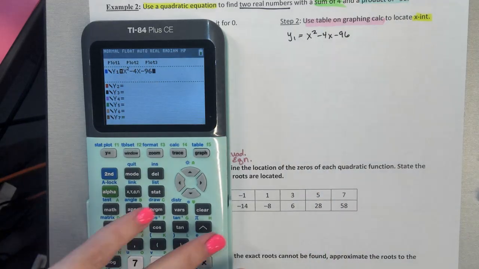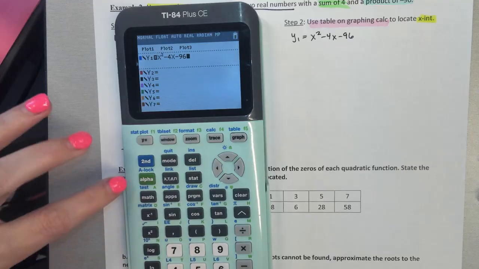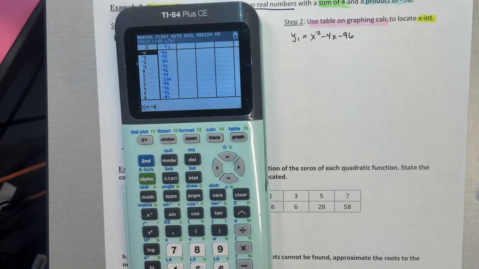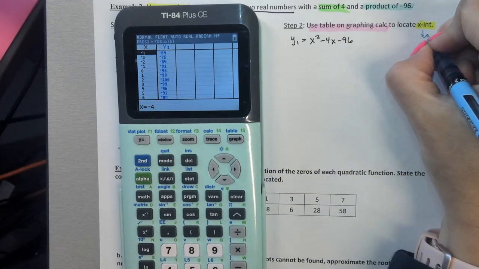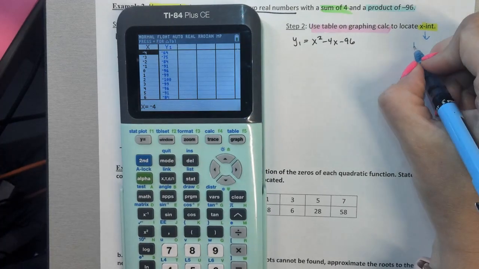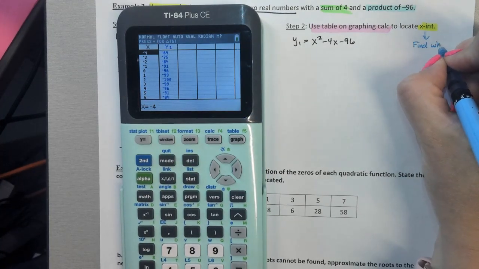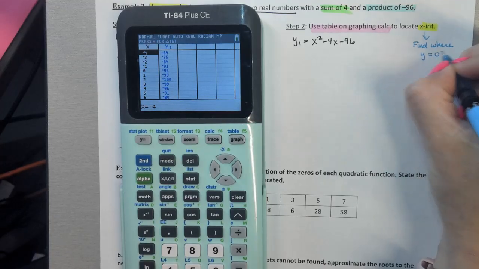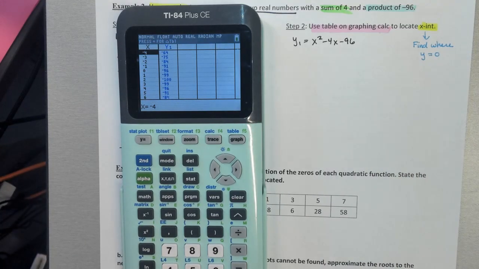And then if you're trying to find the x-intercepts on the table, can you guys tell me what you're looking for when you go to the table? How do you know which one is an x-intercept? When y is 0, exactly. So for the x-intercepts, you have to find where y is equal to 0.